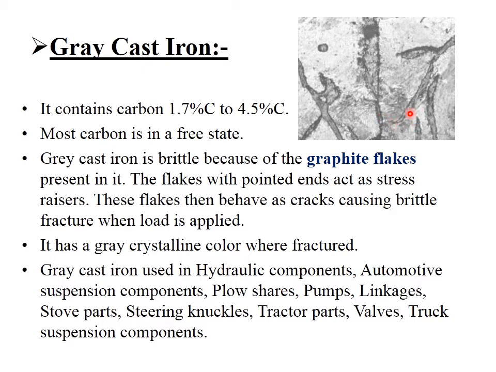So when a crack comes in contact with the graphite flakes, it completely gives you a brittle failure. A similar point I mentioned is that the fractured surface looks gray, that's why it is a gray cast iron.